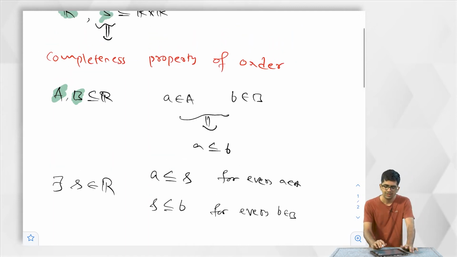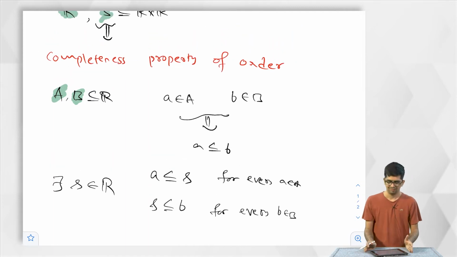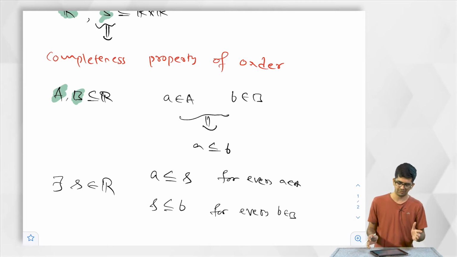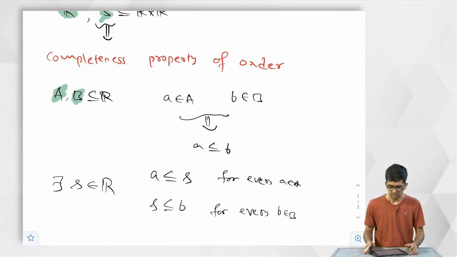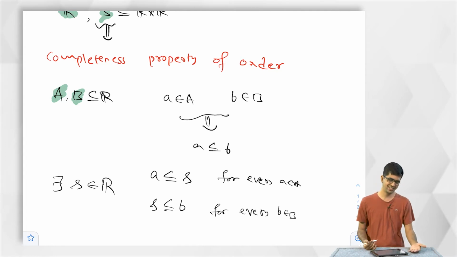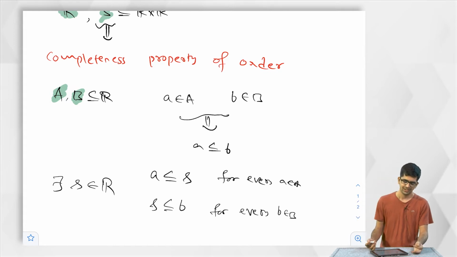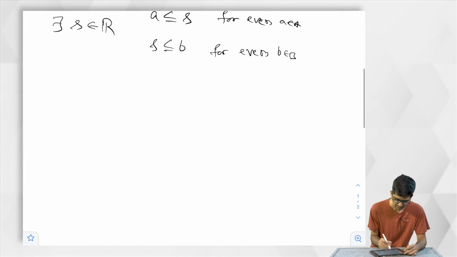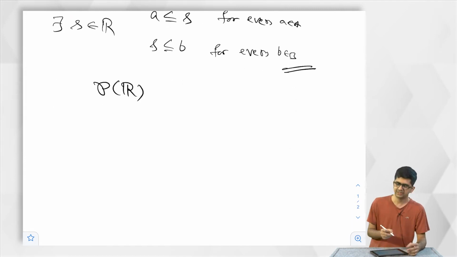Right. So, with this completeness property, we will try to understand more about the set of real numbers. If you recall what we said in the introduction, the first part of the study that we are planning to do on the set of real numbers in this course of real analysis is that we are trying to understand the power set of R, the subsets of R. That's what we said in the introduction.